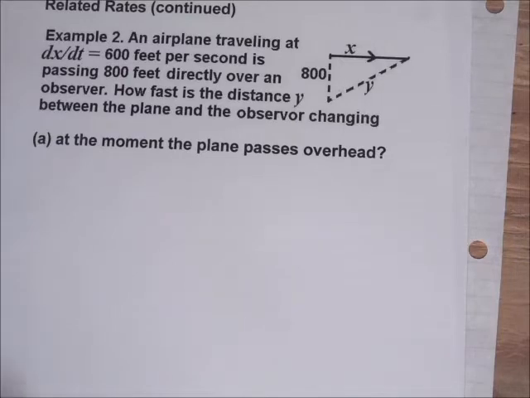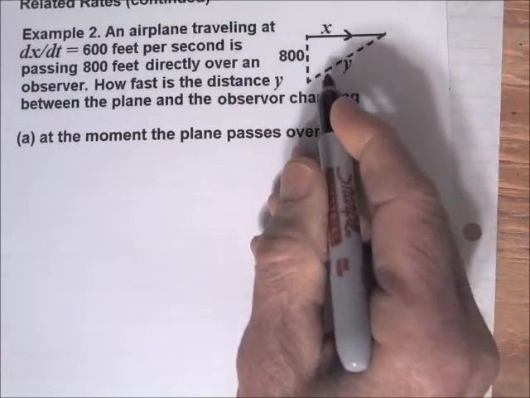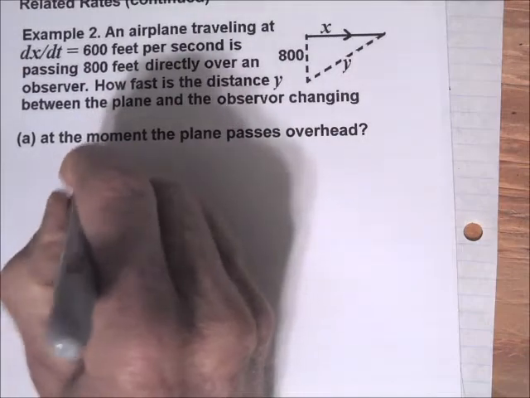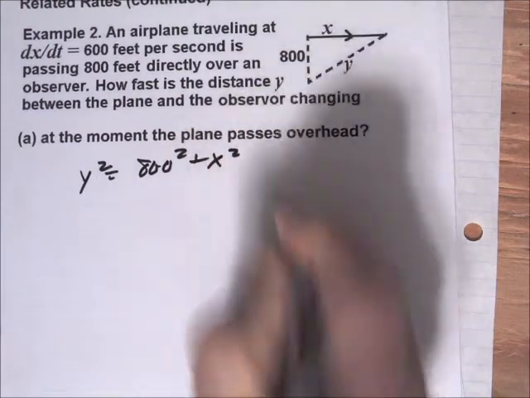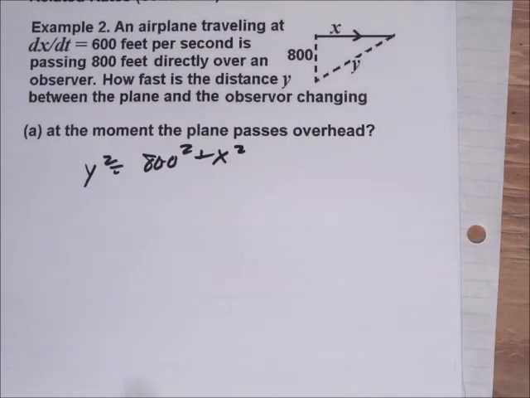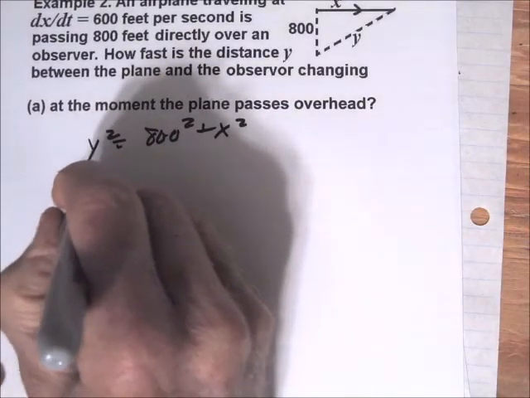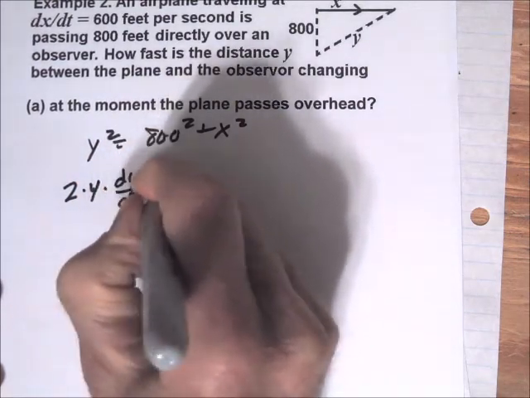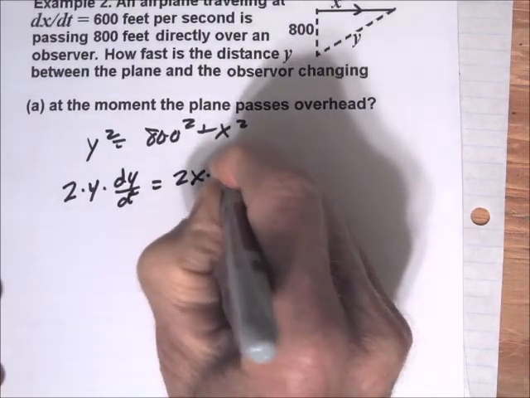Okay, so we can use the Pythagorean theorem here. y squared is equal to 800 squared plus x squared, and if we take the derivative with respect to time, we have 2 times y times dy/dt equals 2 times x times dx/dt.